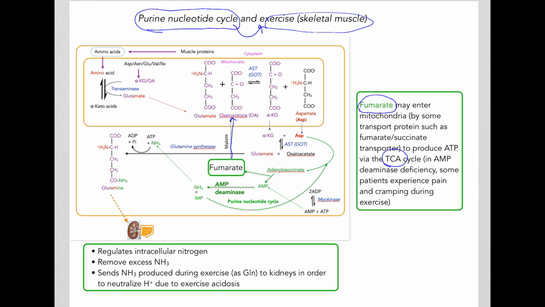This energy generation seems to be important because in the genetic disease AMP deaminase deficiency, some of these patients, not all, but some, actually experience pain and cramping during exercise. So it's possible that one of the functions of the purine nucleotide cycle is to provide energy to the muscle, especially during exercise.